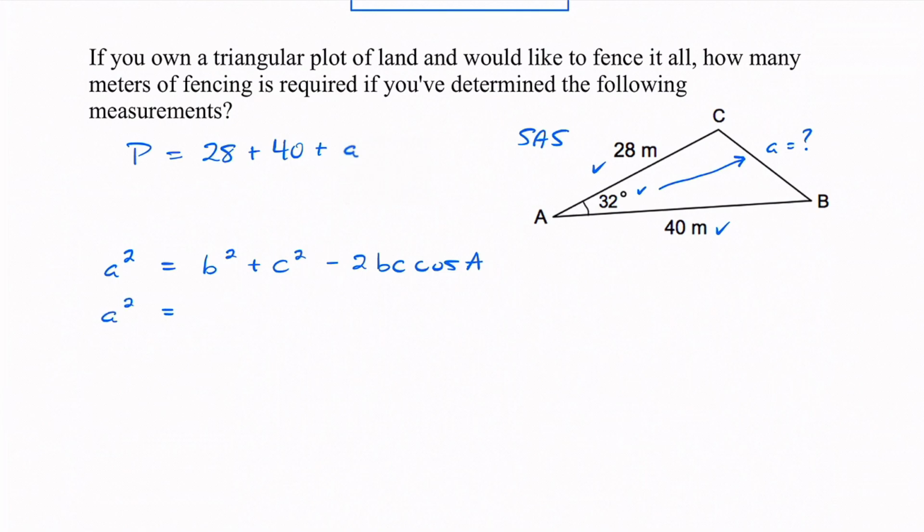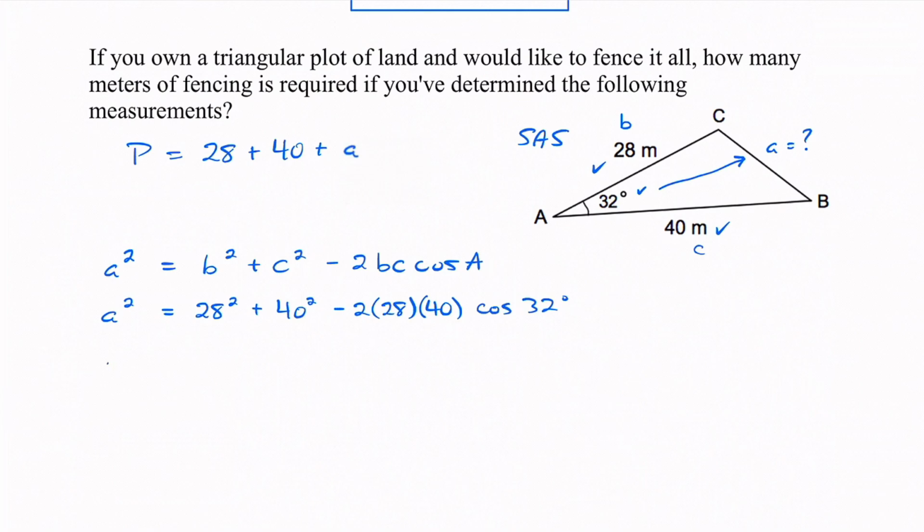So A squared equals B squared. Again, this was B and that was C. So B squared, we got 28 squared plus C, that's 40 squared, minus 2 times B, which is 28, times C, that was 40, times the cosine of A, which is 32 degrees.